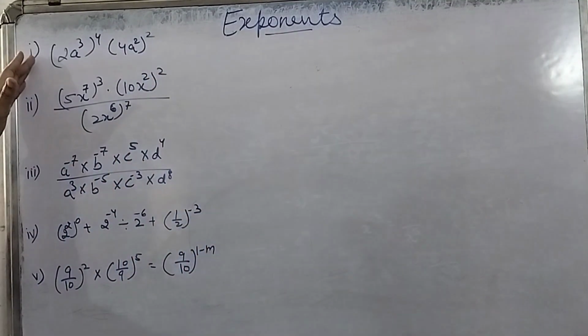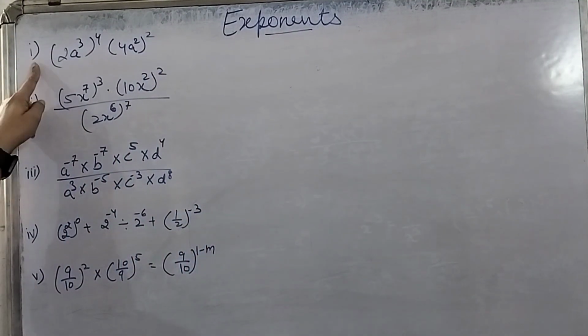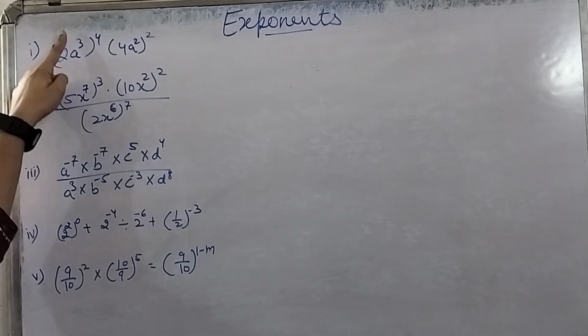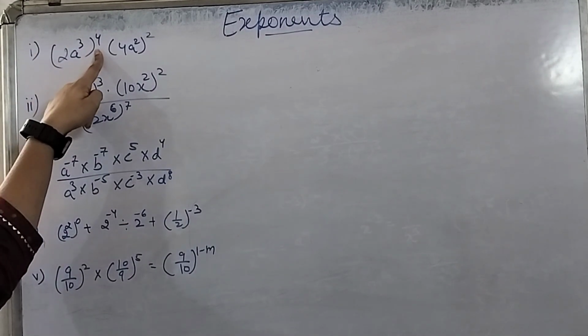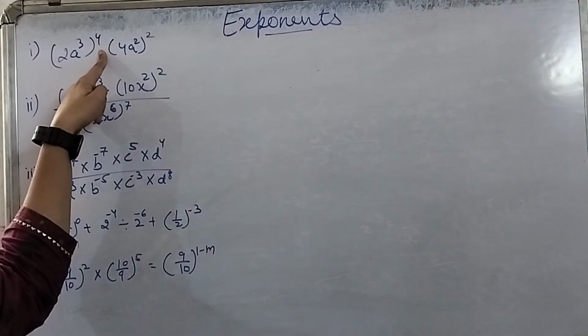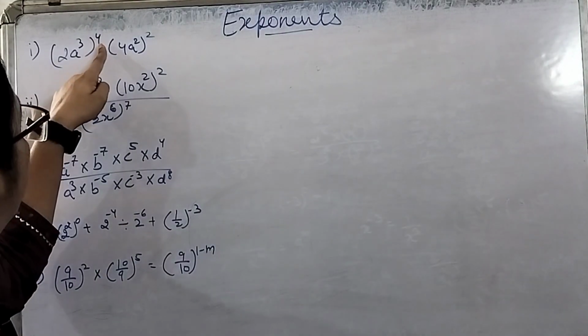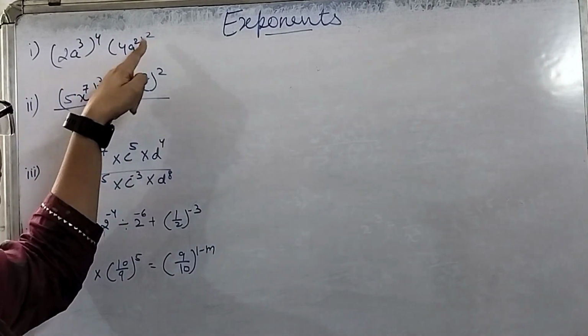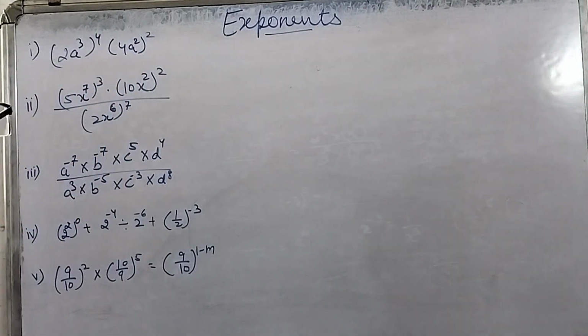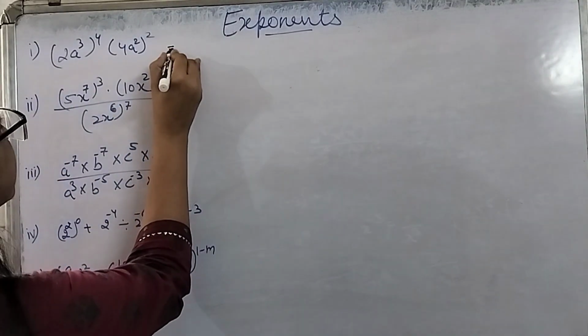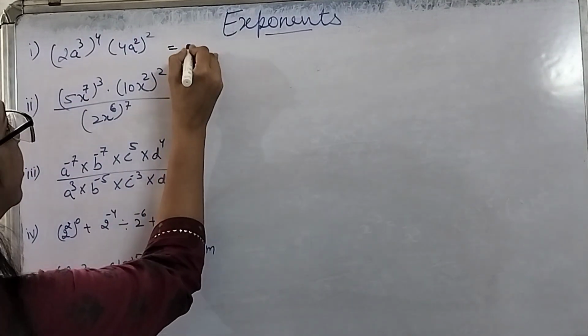So we have to evaluate all these expressions. Over here the first one is 2a raised to the power 3 whole raised to the power 4. If there is no sign in between, that simply means multiplication, multiplied by 4a square whole raised to the power 2. So this simply means 2 raised to the power 4.